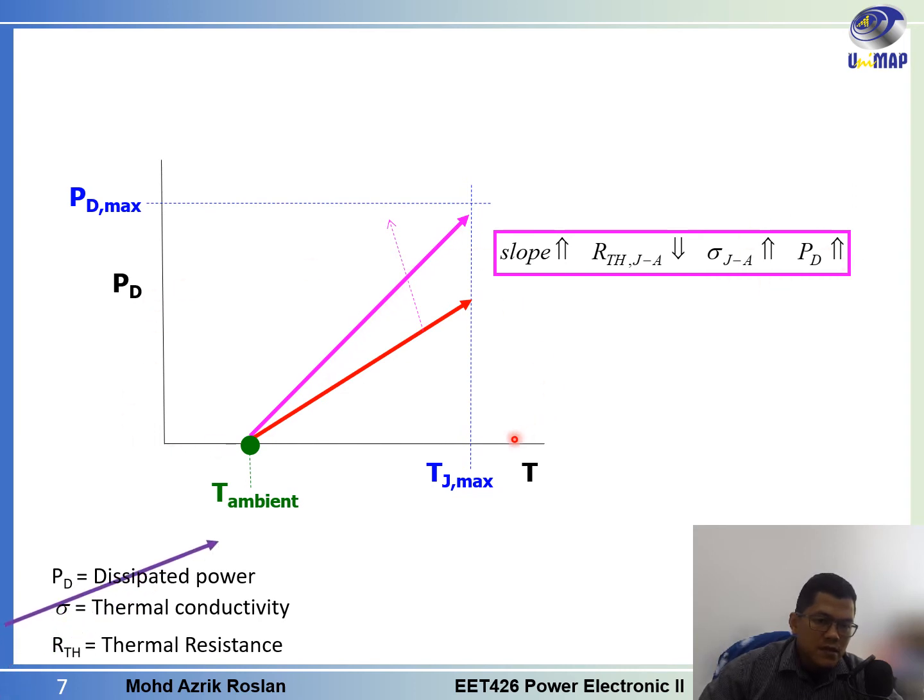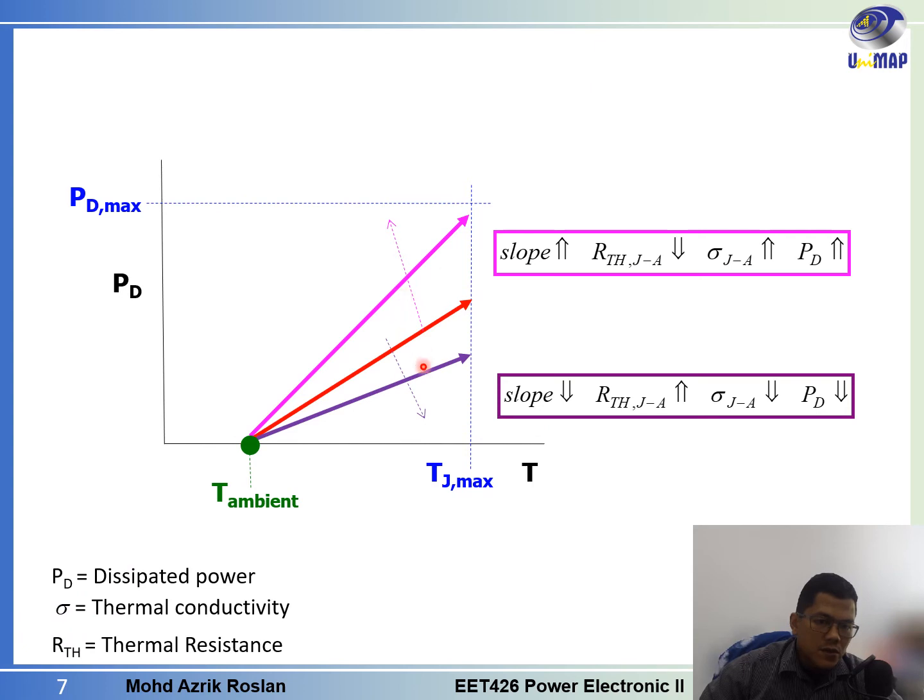The lower slope, the lower angle, means a higher thermal resistance, and that contributes to lower thermal conductivity and lower dissipated power.